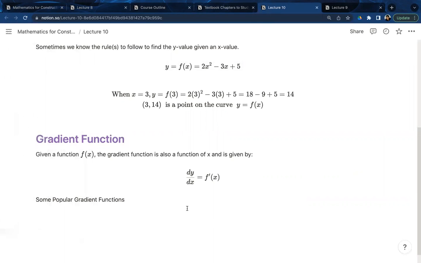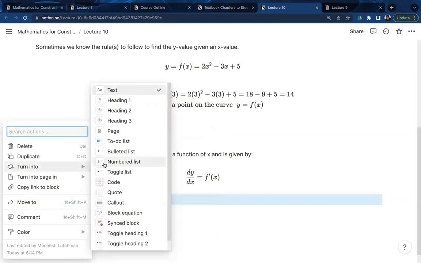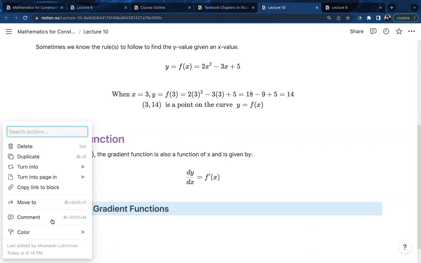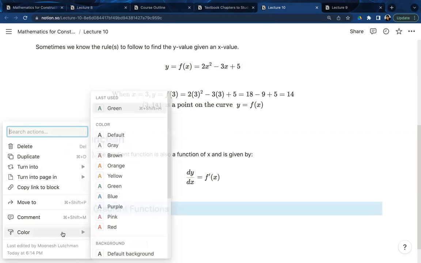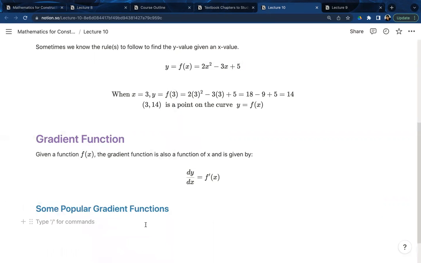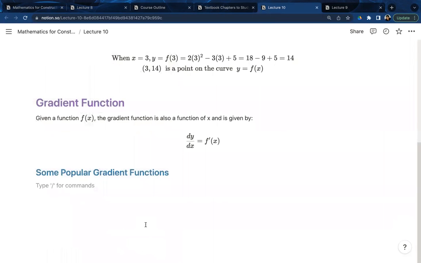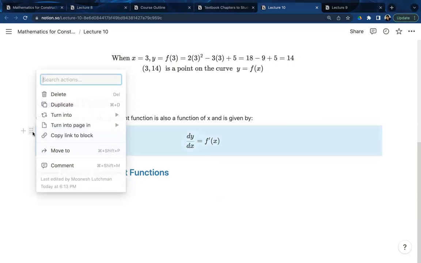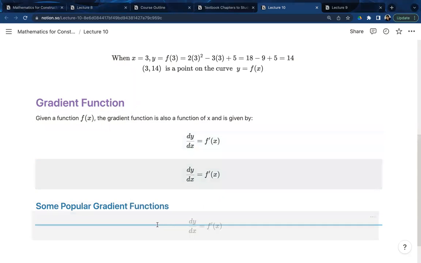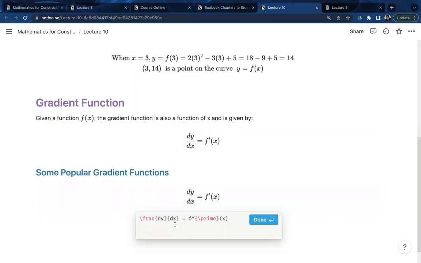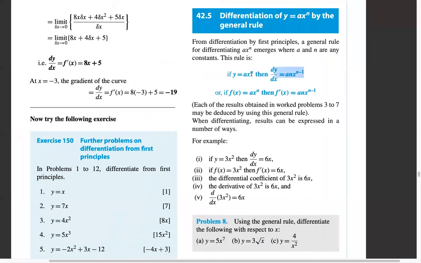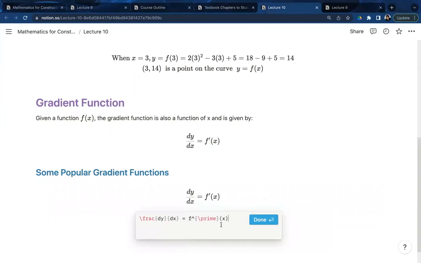So some popular gradient functions. And there's a way of doing it, right? So here they say if y is ax to the n, then dy dx is all of that, right? So we could say that too.